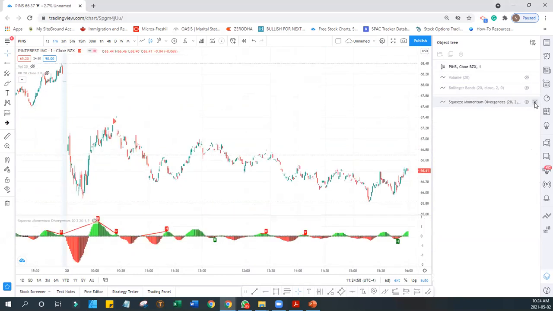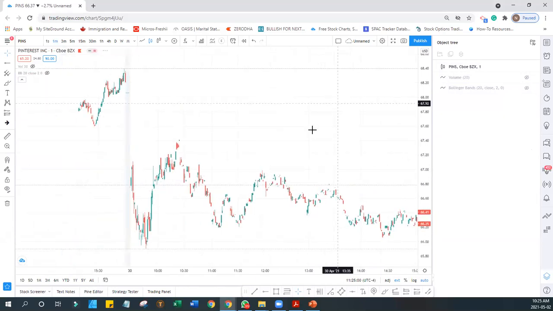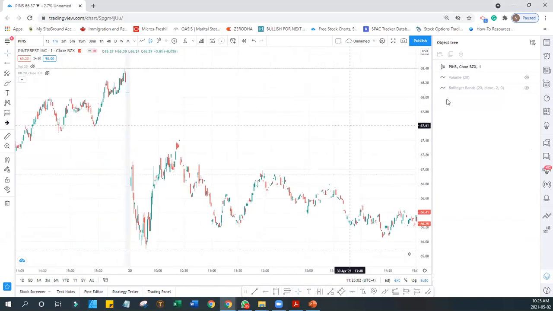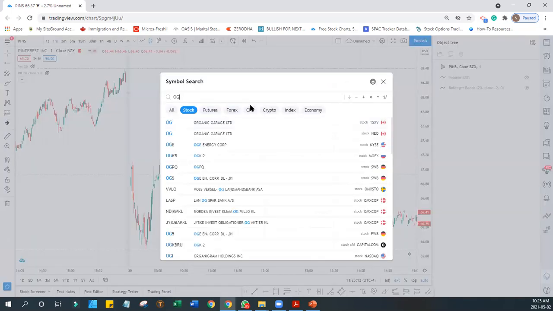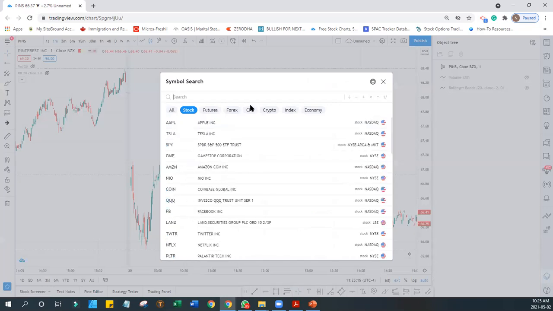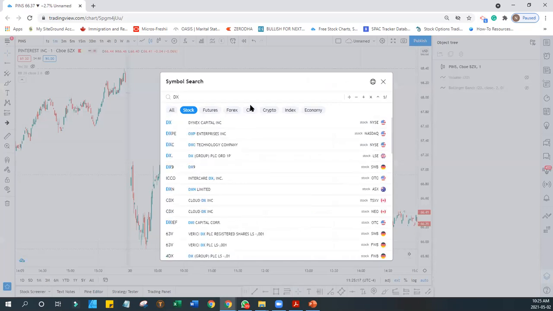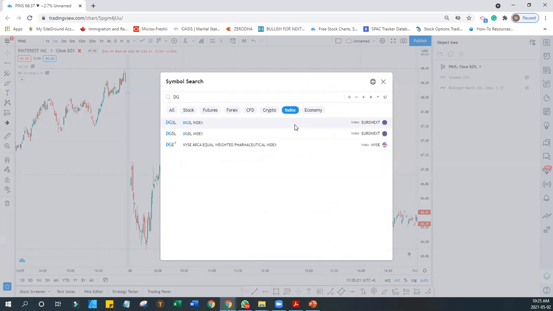Quick question. We are talking about a particular stock. Does this apply to an index? This is for everybody. I can change it. What stock do you want? Let's say an index.